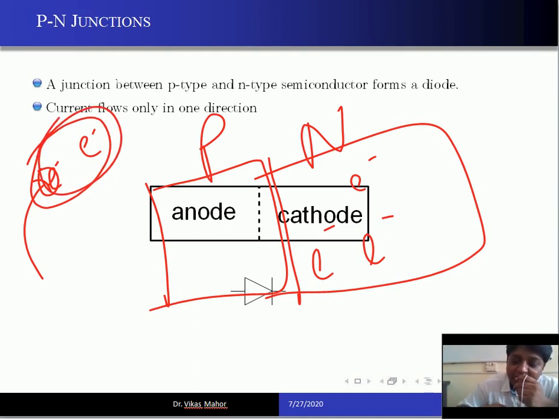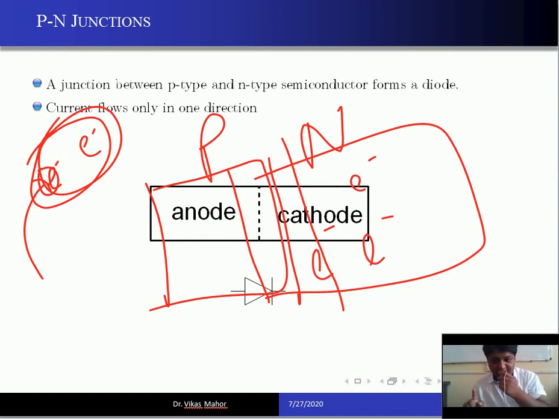Now what will remain? There remain the ions which contribute electrons or holes. So there is a depletion layer. What is this depletion layer? This depletion layer consists of no charge carriers.